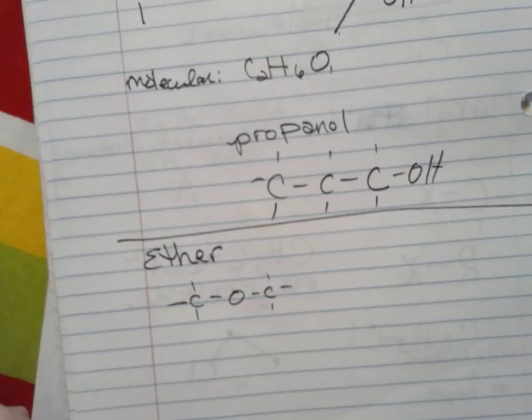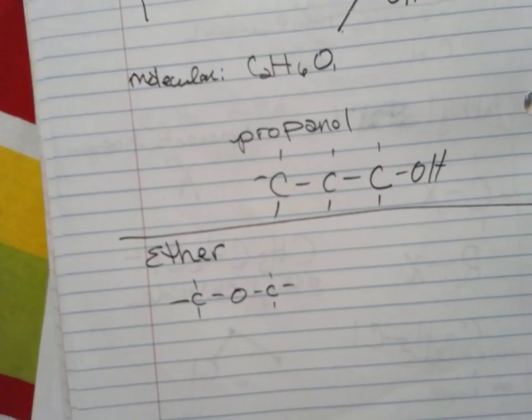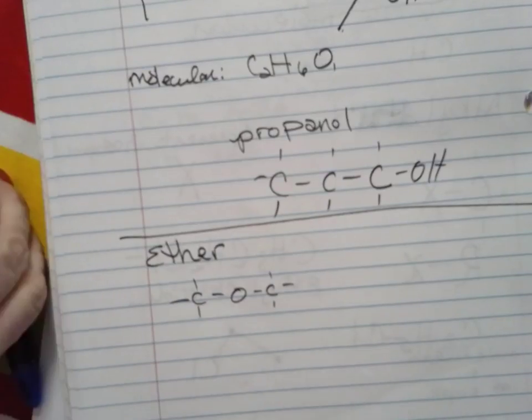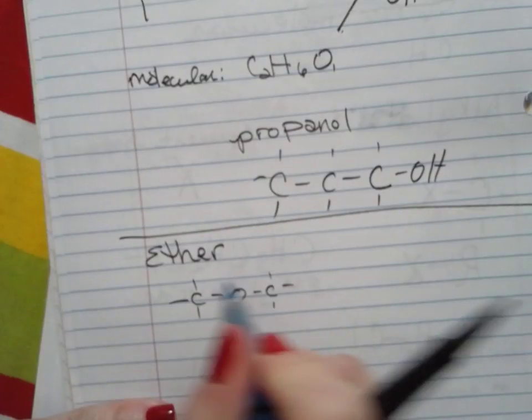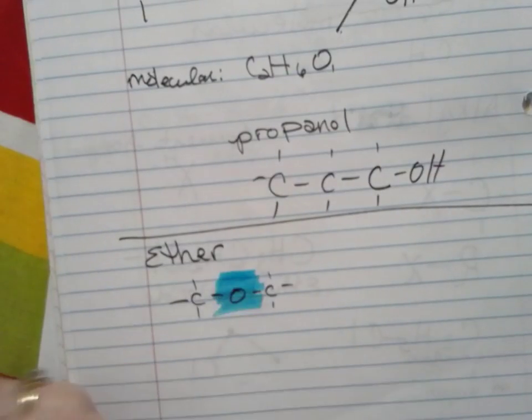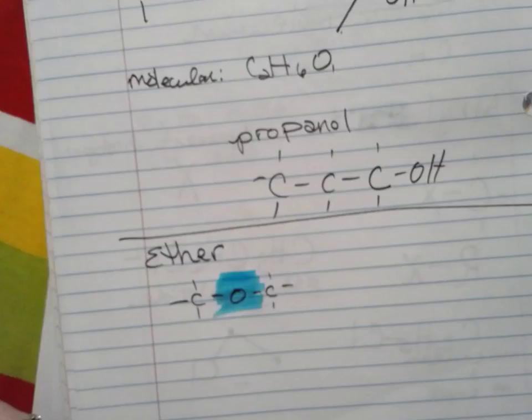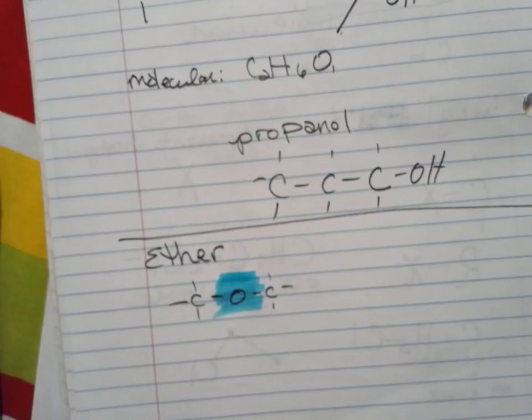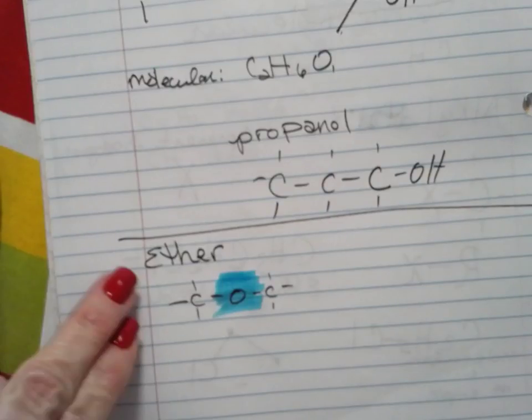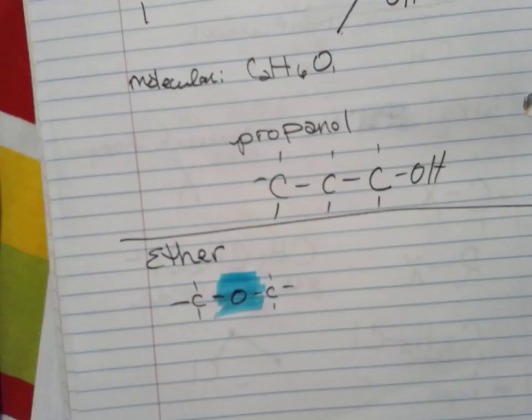It just has to be in between two other carbon chains. An ether is an oxygen that is between these two carbon chains. An ether does not have a particular ending that goes on the end of it.